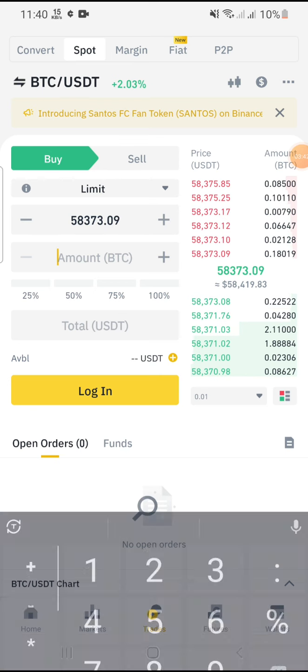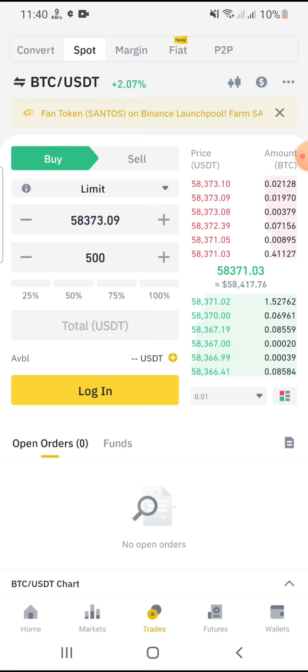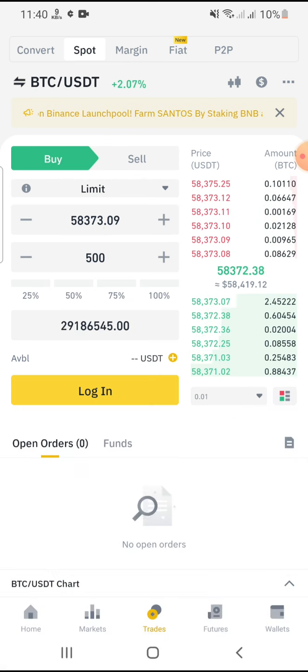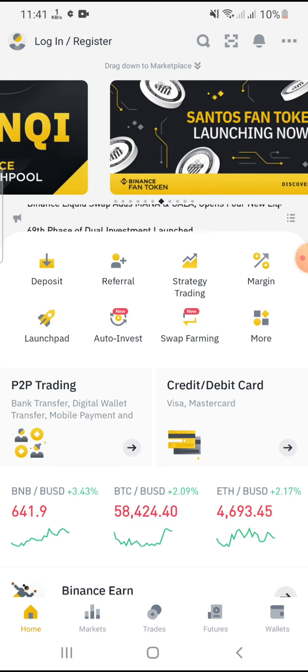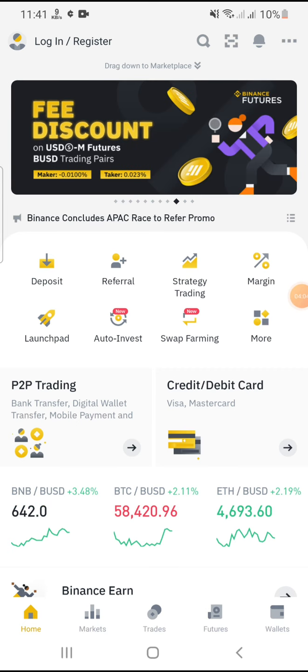USD amount, 5,000 USD, total 6,000 USD. Now trading, buy and sell, when it reaches the dollar price you sell and profit. I hope you understand. Buy and sell, profit.